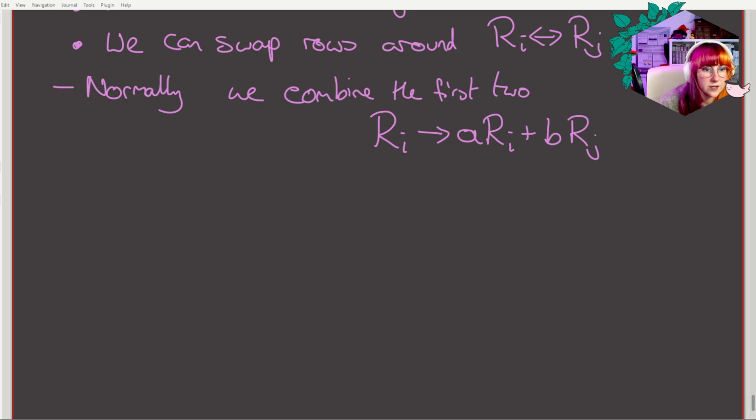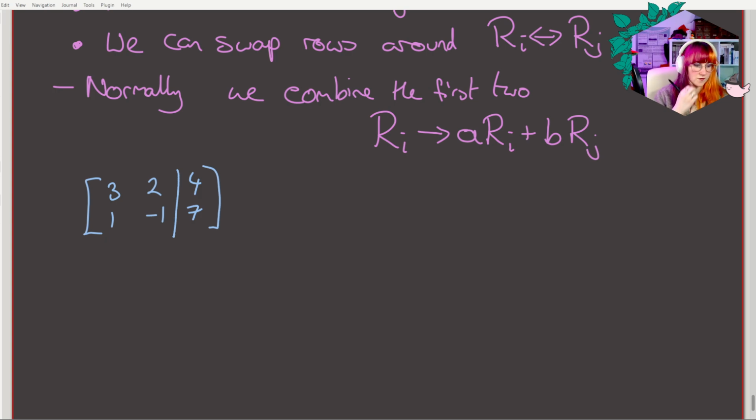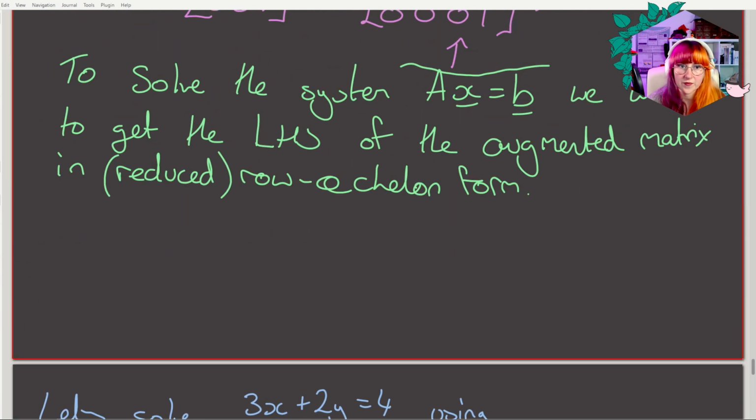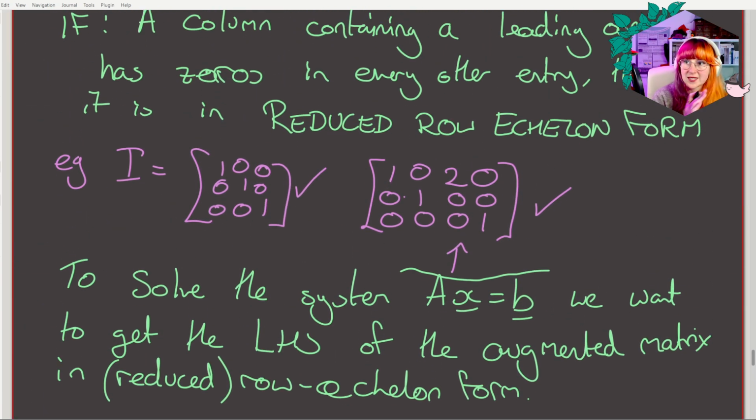Starting with our matrix equation, our augmented matrix is 3, 2, 4 and 1, minus 1, 7. Okay. So the way that I want to go about doing this is I want to get my leading ones in the top corners. Remember, my row echelon form has leftmost leading ones.